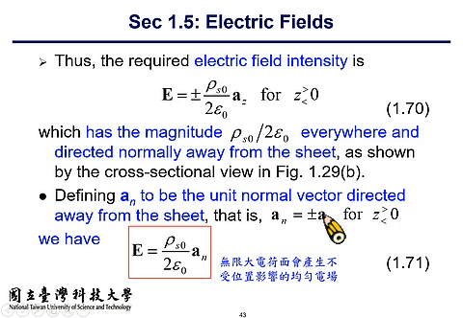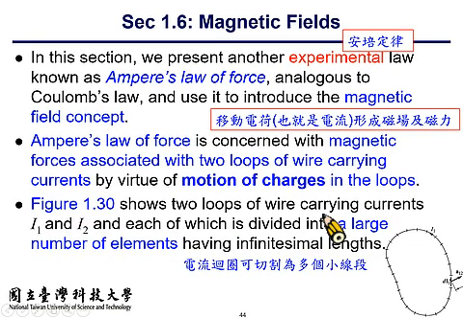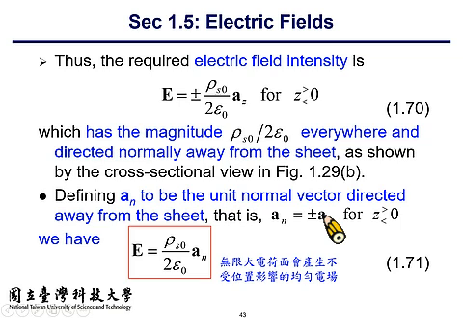As you can see from the expression, the amount of electrical field is not affected by the position. It's not related to the distance from your observation point to the source surface.